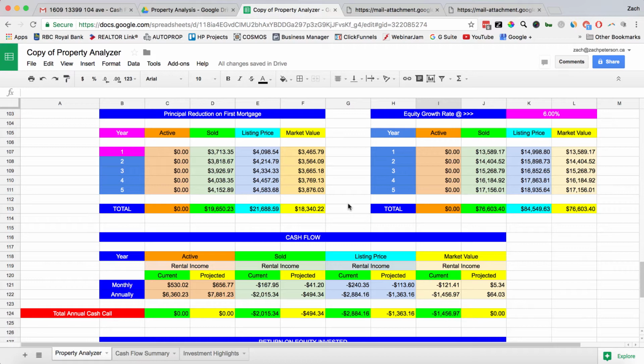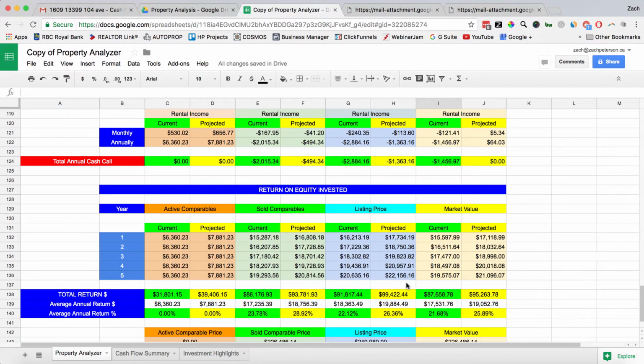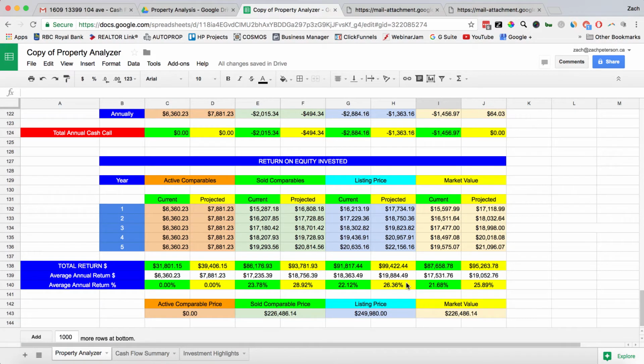But if we look at how much your tenant is going to pay down your mortgage every year, in the first year they're going to pay down your mortgage $3,500. So you're still going to be up $2,000 just from the tenant paying the rest of your mortgage, even though you had to pay $120 a month out of your own pocket. So that's definitely something to consider.